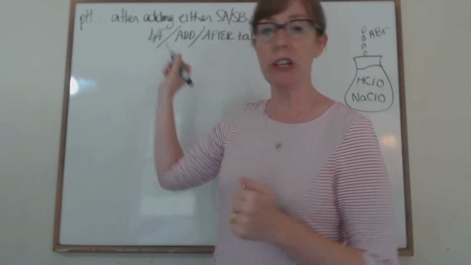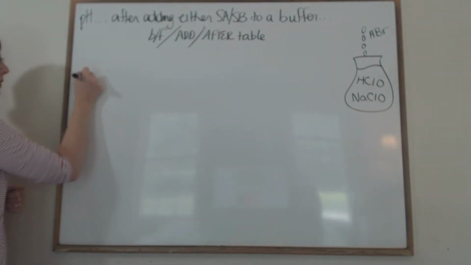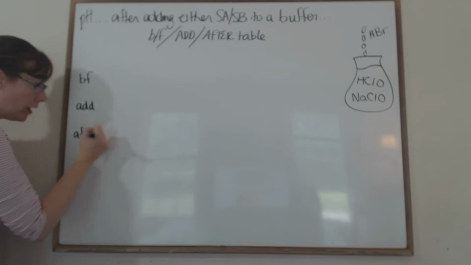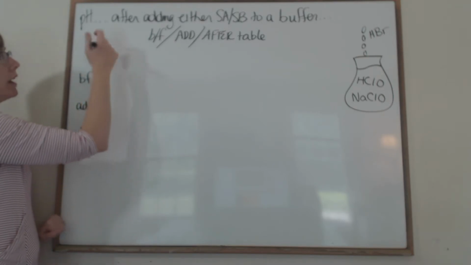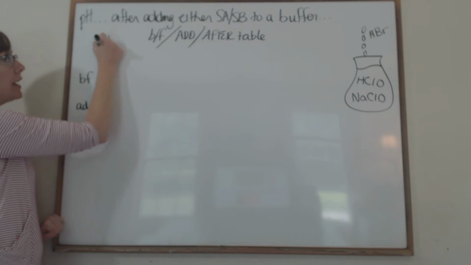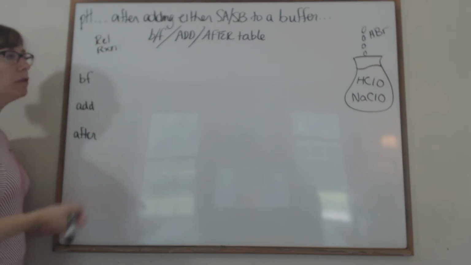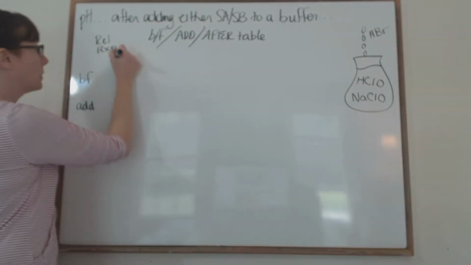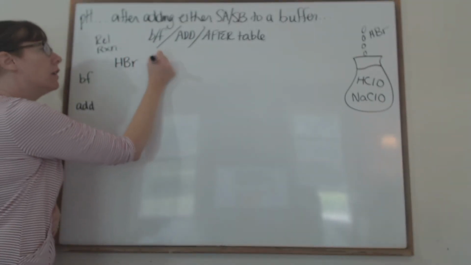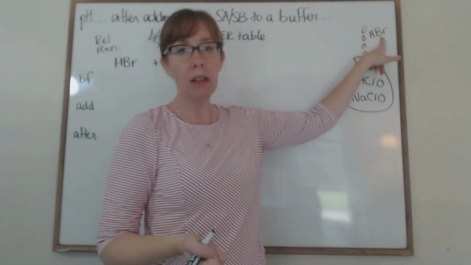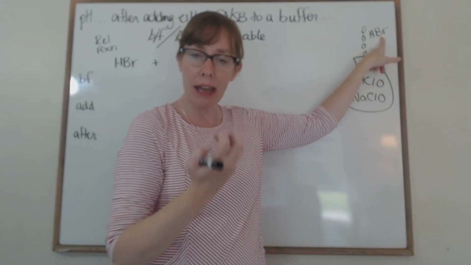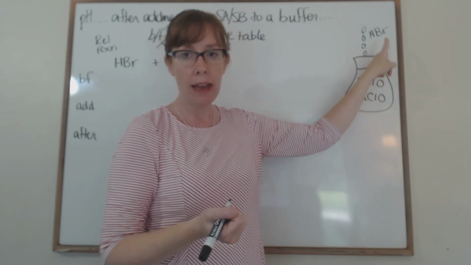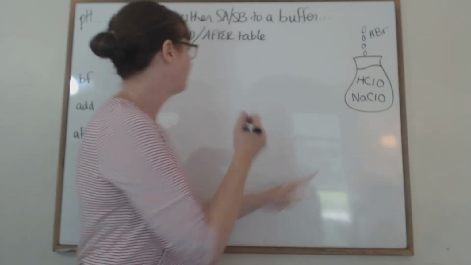Okay, so for the before addition after table, you're going to write before, addition, after, and you're going to write the relevant reaction along the top. So what reaction is happening? Well, obviously the hydrobromic acid is going to react with something. What part of the buffer is it going to react with? Is an acid going to react with another acid? No. An acid is going to react with the base.